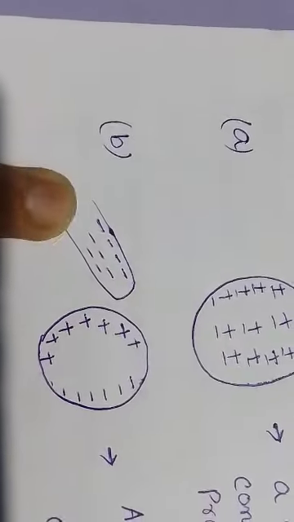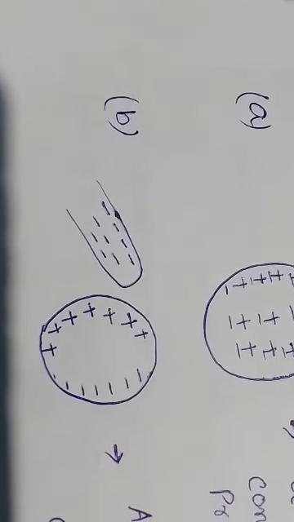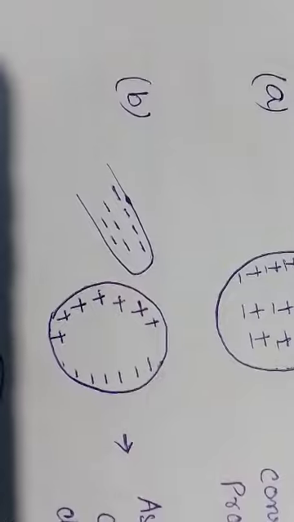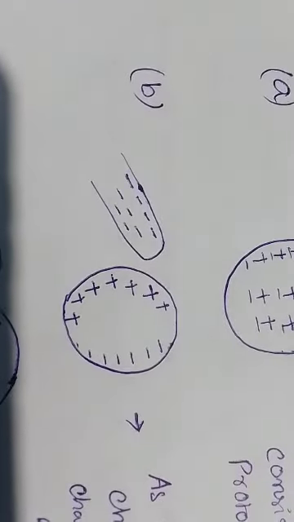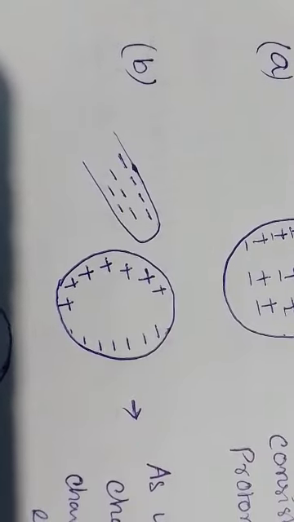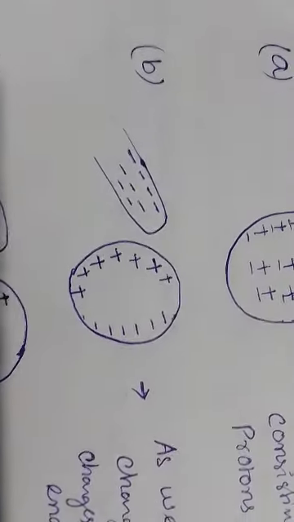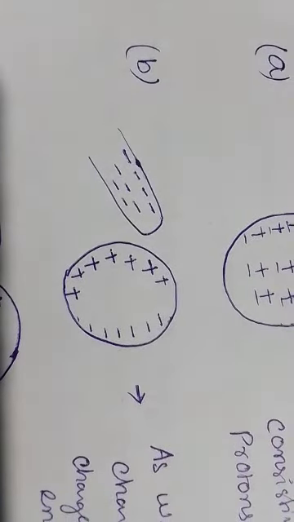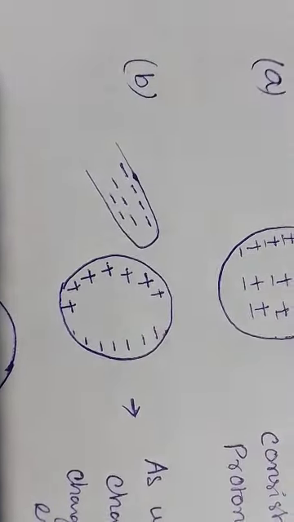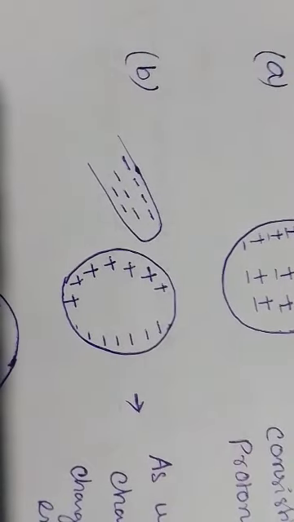As soon as we bring this negatively charged rod in front of the sphere, the positive charge gets accumulated near the end of this metal sphere, while the negative charges move away, because like charges repel each other and unlike charges attract each other.